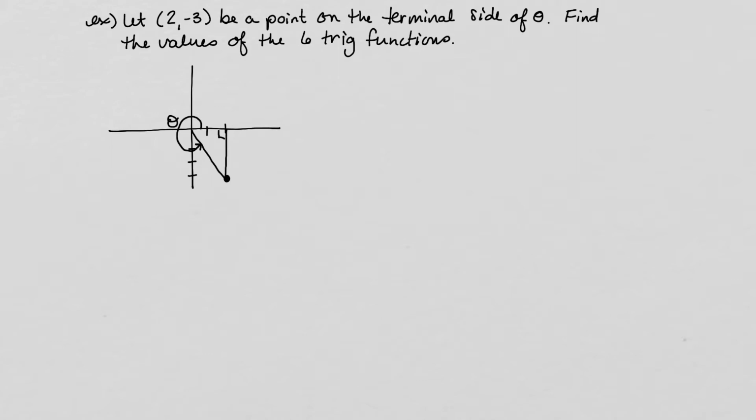I happen to know how long 2 of the sides are. Because this is the point (2, -3), this side here is 2, and this side here is -3, right? So it's 3, but it's going down. Questions on any of that so far?